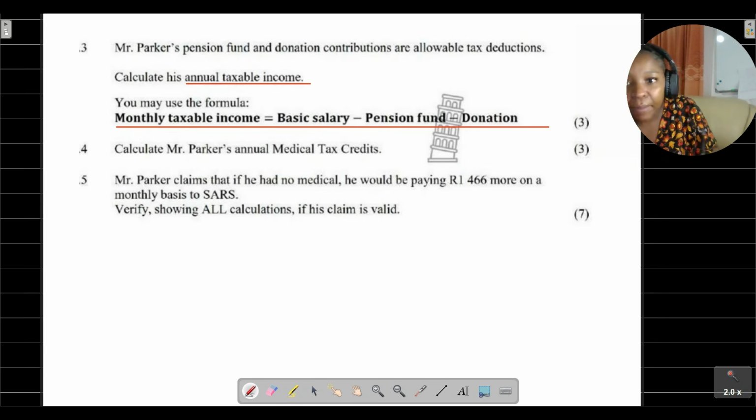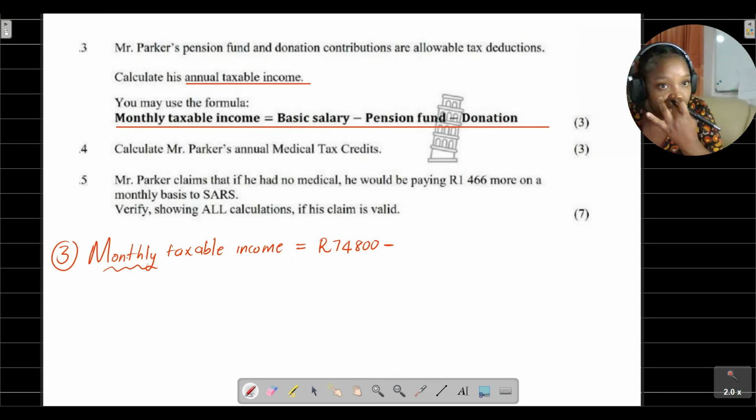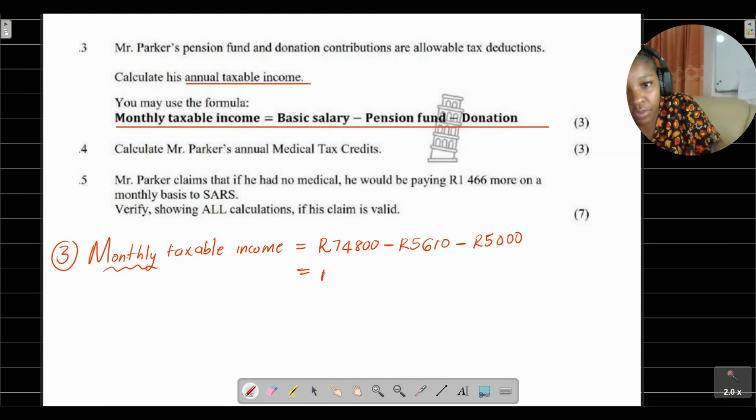So we're going to start step by step. This is number 3. To get the monthly taxable income, it'll be the basic salary of 74,800 minus, remember this is monthly, the monthly pension fund contributions of 5,610, minus the donations, which is 5,000. What do we get? You get 64,190.